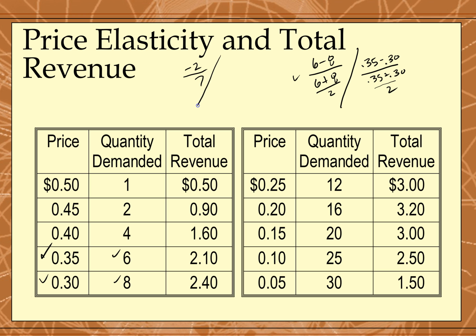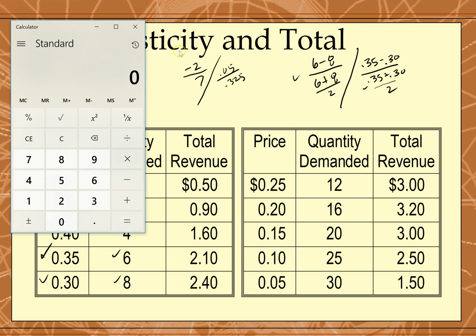That's divided by 0.35 minus 0.3, which is 0.05, over 0.35 plus 0.3 divided by 2, and that works out to 0.325.